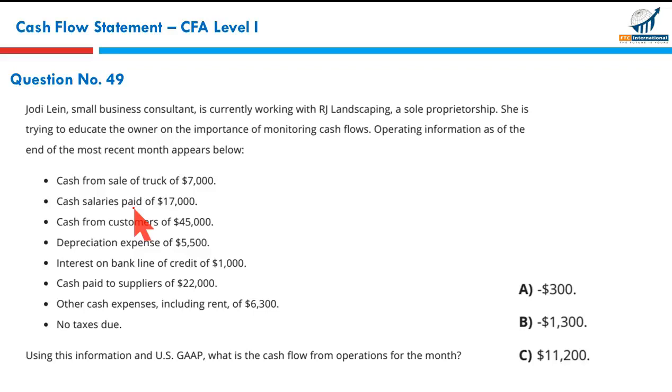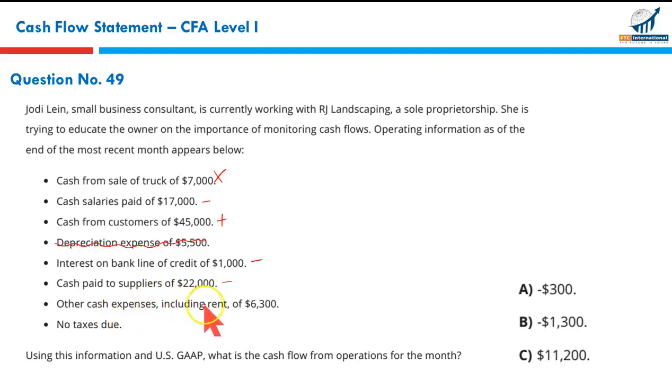Under the direct method, what we do, take all the operating cash inflows and outflows. Truck investment, cash for salaries outflow, cash flow from customers inflow. Depreciation is not to be considered under the direct method. Interest on bank loan on line of credit, outflow. Interest paid is an operating outflow. Cash paid to supplier, operating outflow.